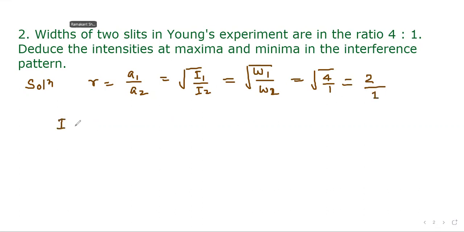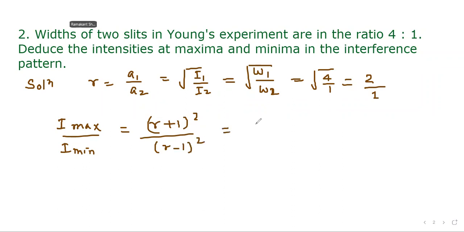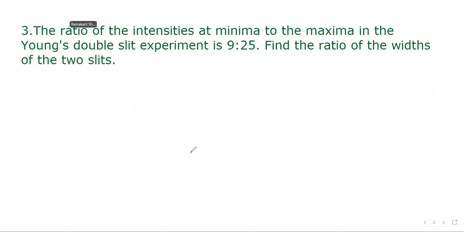Now we know that I max upon I min is equal to (R plus 1) square divided by (R minus 1) square, and that will be equal to (2 plus 1) square divided by (2 minus 1) square. This is 9 upon 1. So ratio is 9:1.